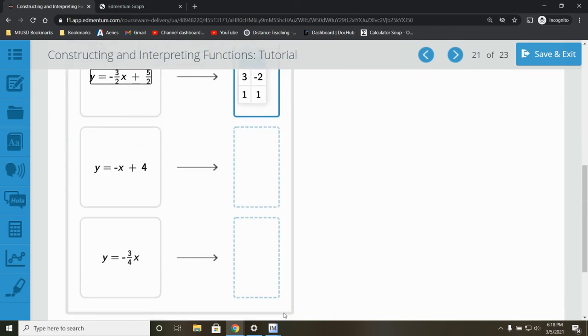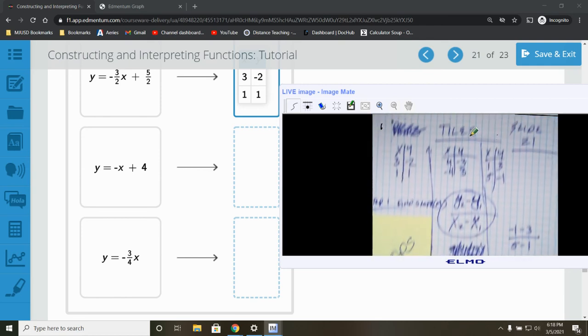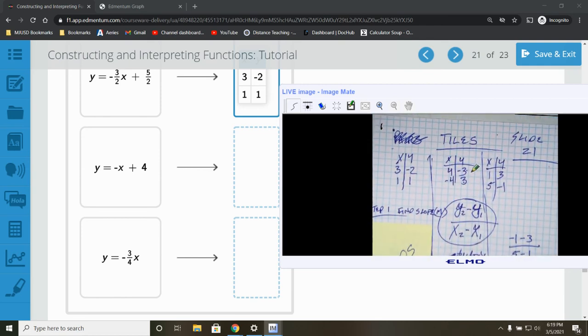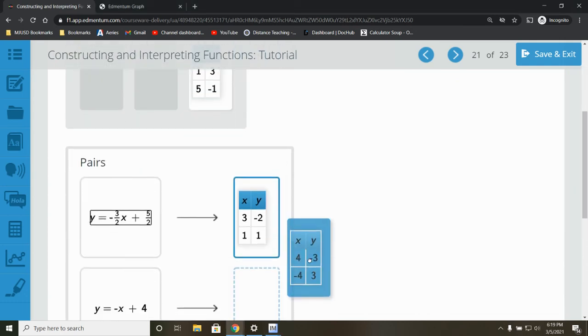Now, the next one is negative 3, 4. So I see right away negative 3, 4, and I'm going to put that one right here. The one that says 3, the initial numbers were 4, negative 3, and negative 4, 3 goes here. So the second tile goes at the bottom.